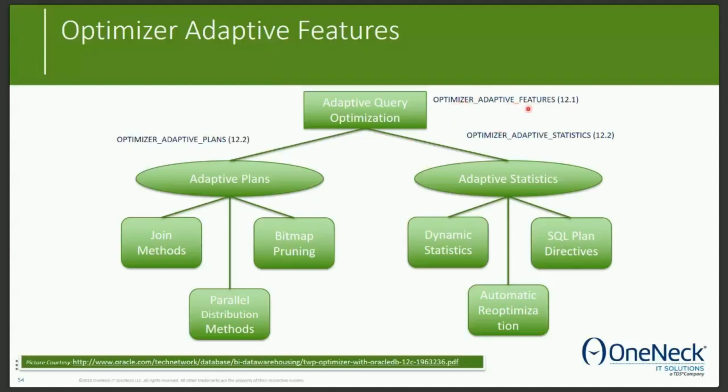If you apply a patch, you get 2 parameters. Oracle deprecated this parameter and then introduced 2 parameters in 12.2: optimizer adaptive plans and optimizer adaptive statistics.